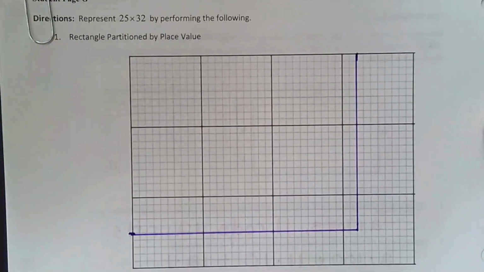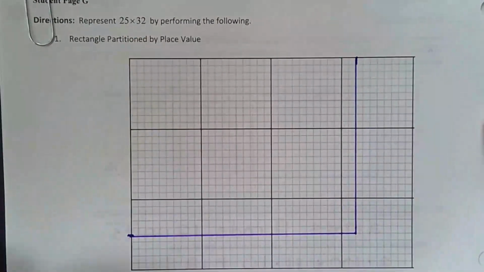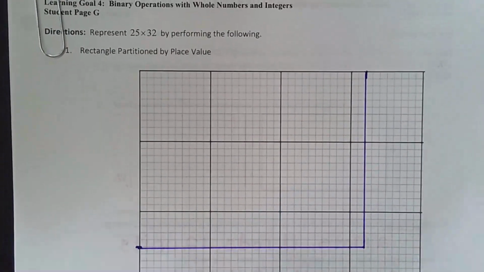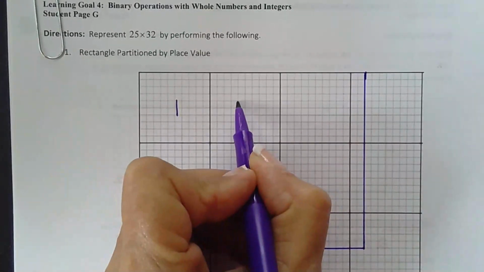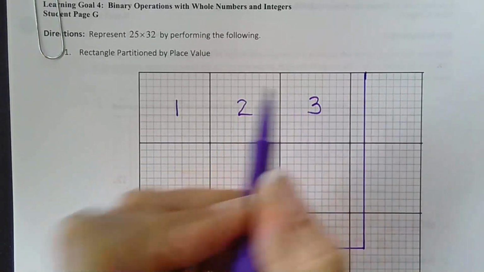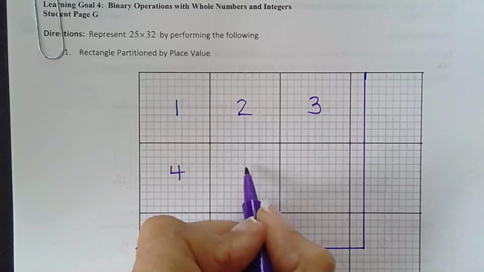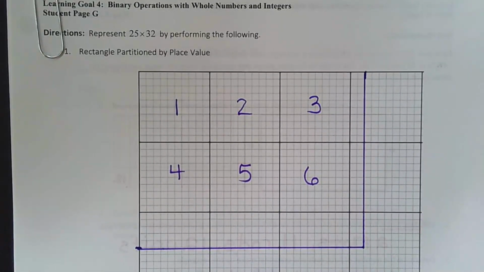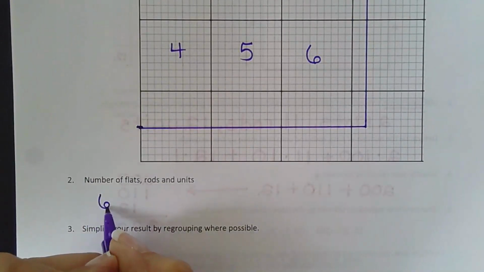So we can do it by doing regular multiplication, which we'll do last, or we can do it by counting our rods and flats. So we have 1, 2, 3, 4, 5, 6 flats, and remember every flat is 100. So we have 6 flats.